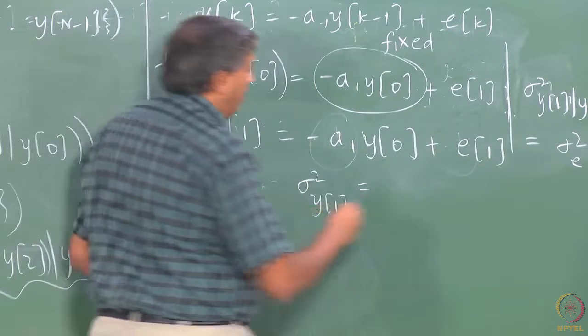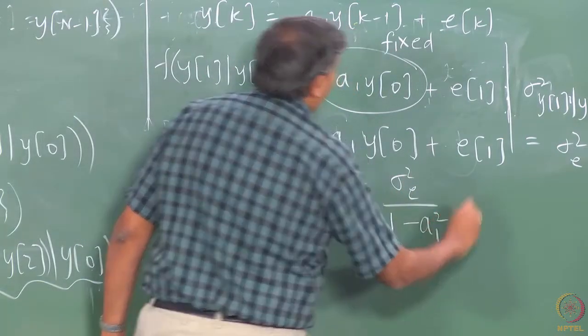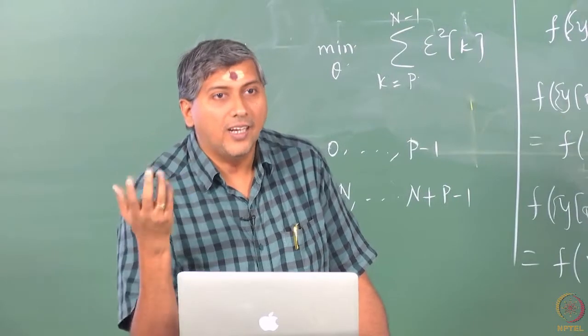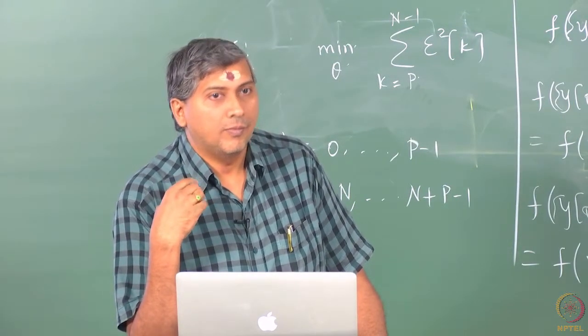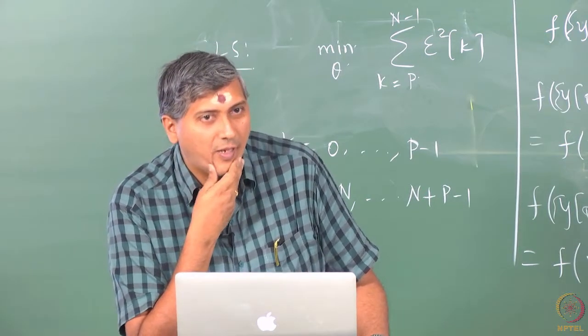Because it is stationary, sigma square e over 1 minus a1 square. So, there is a big difference between conditional variance and unconditional variance. Which is higher? Does it make sense? Unconditional being higher, is it reasonable?